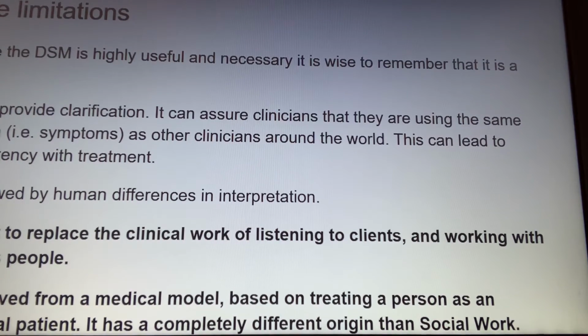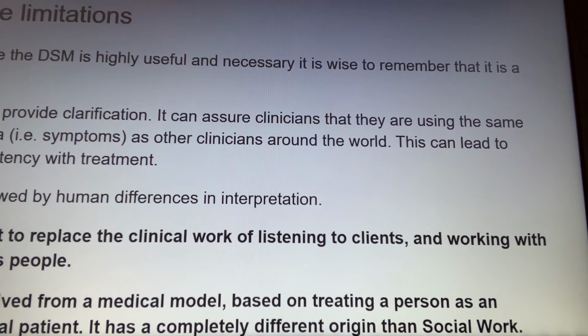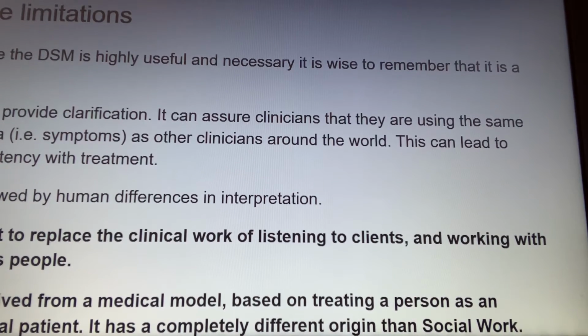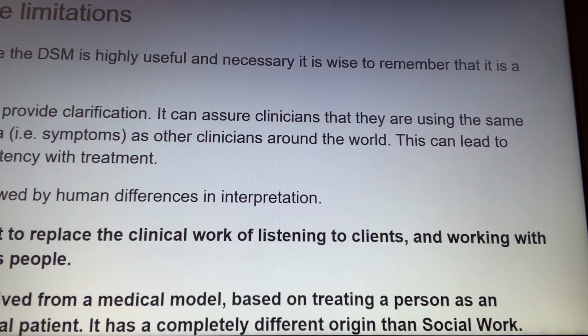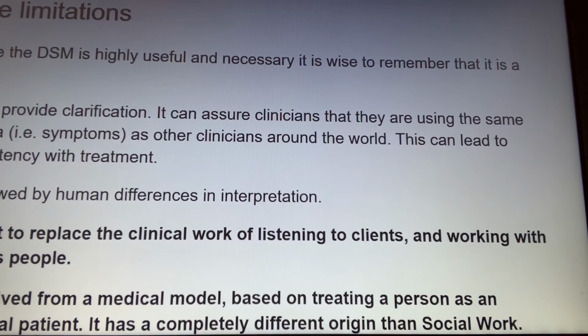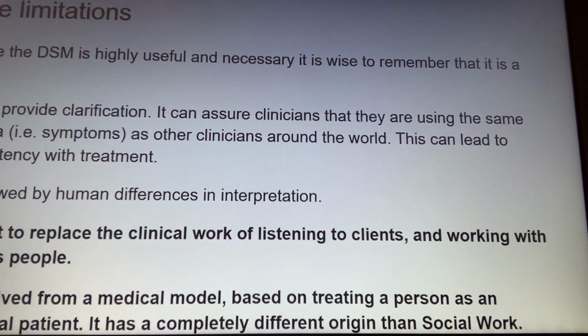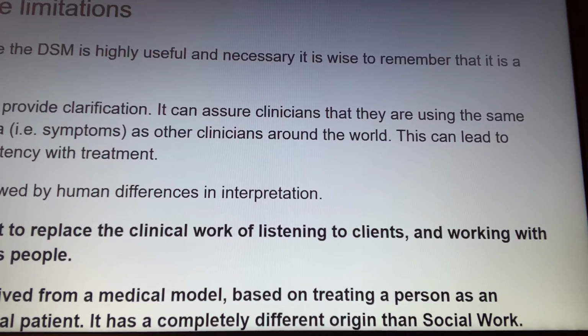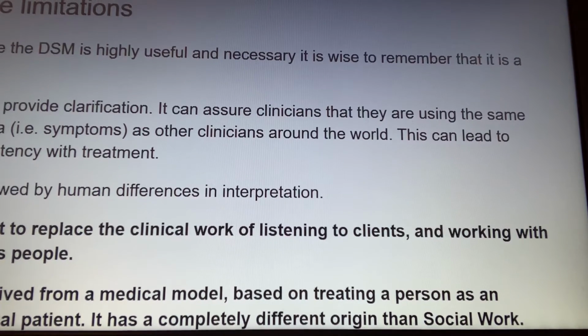So in that vein, it is derived from a medical model, and it's based on treating a person as an individual patient. It comes from the world of psychiatry, which comes from medicine and doctors.